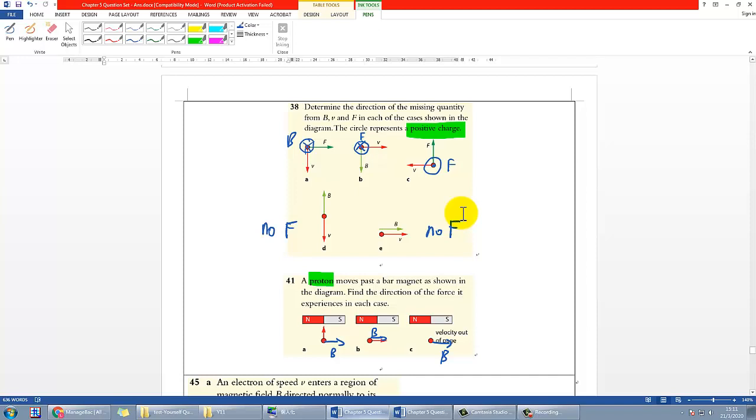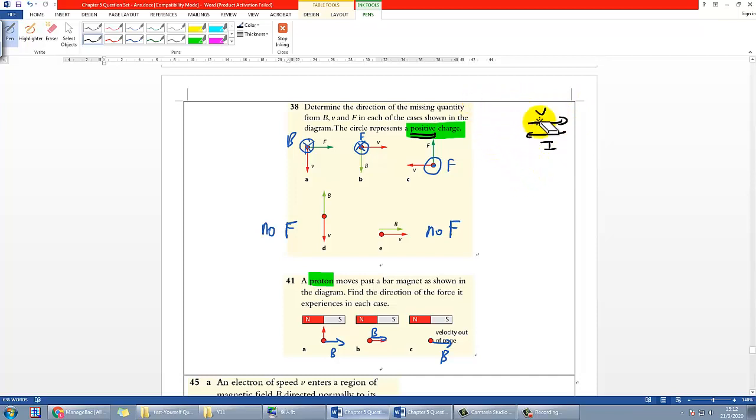For the first question, it's very simple, just using the hand rule. If you look at the question, the most important thing is you should pay attention that the charge is actually positive charge. Why? Because if it is negative charge, then you should realize that the negative charge's velocity and current should be opposite, because this is how we define the conventional current and the electron flow.